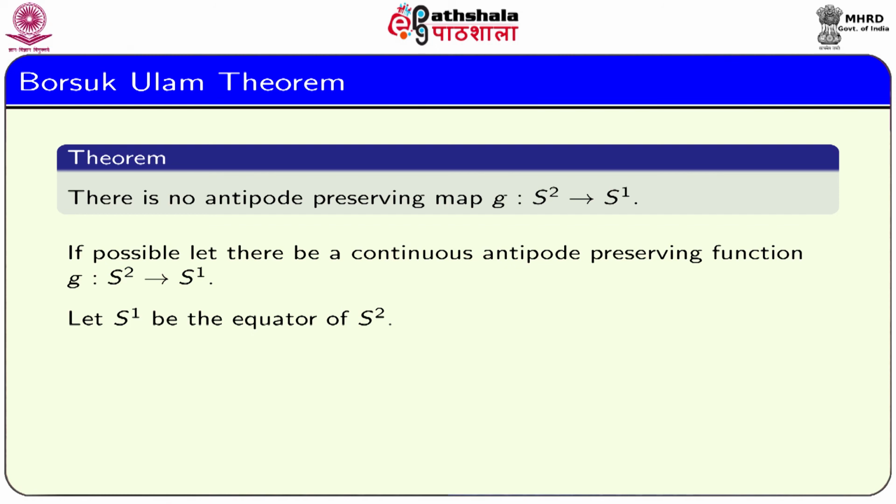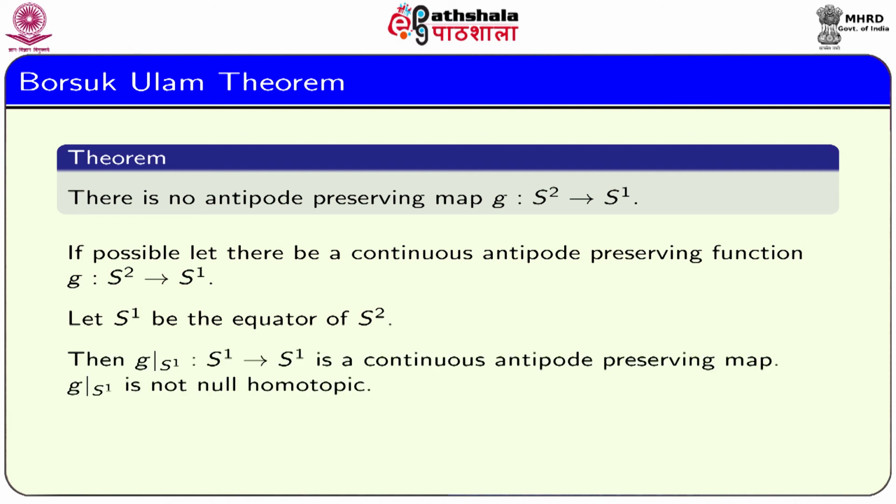Now, let us assume that S1 be the equator of S2. Then G restricted to S1 is a continuous antipode preserving map. G restricted to S1 is not null homotopic.